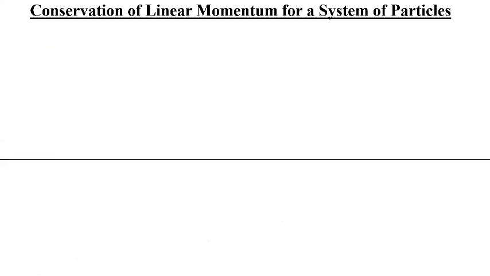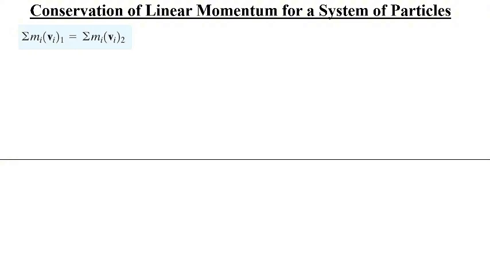So, conservation of linear momentum for a system of particles. When the sum of the external impulses acting on a system of particles is zero, then we have this equation.